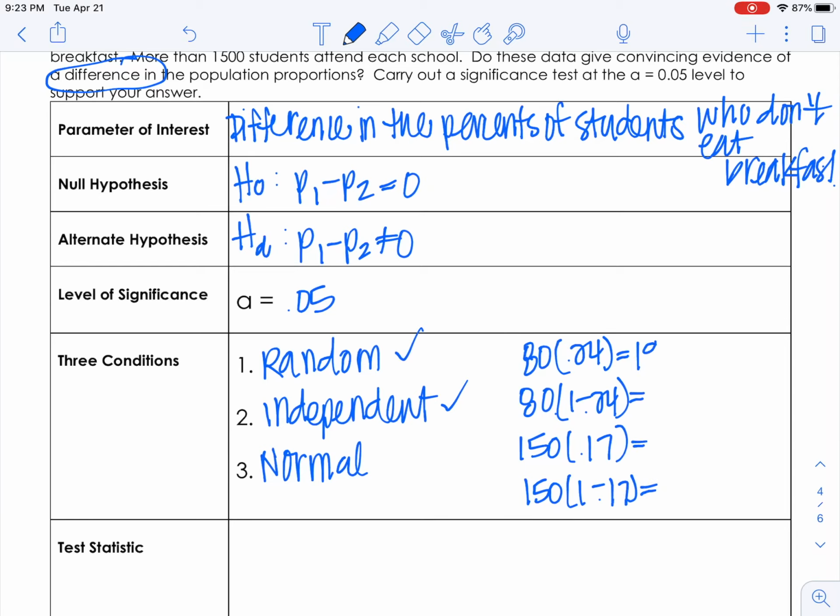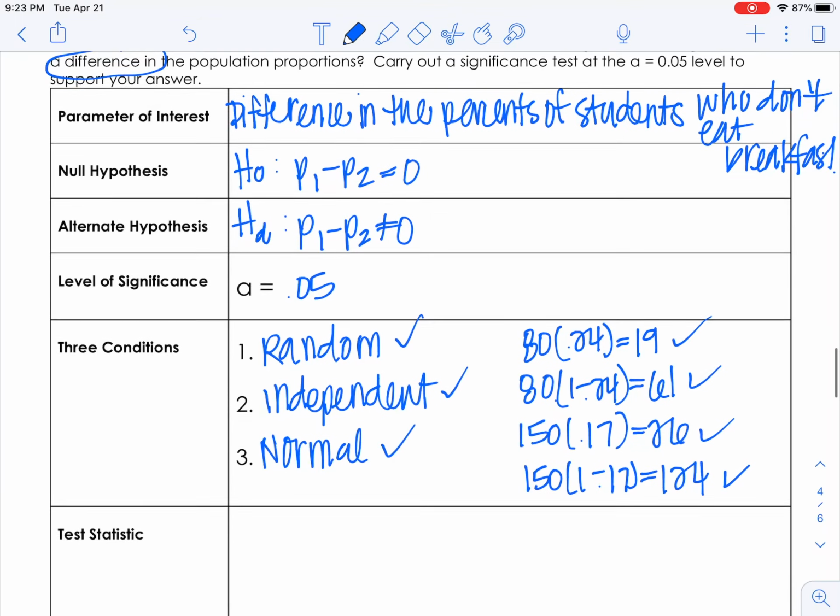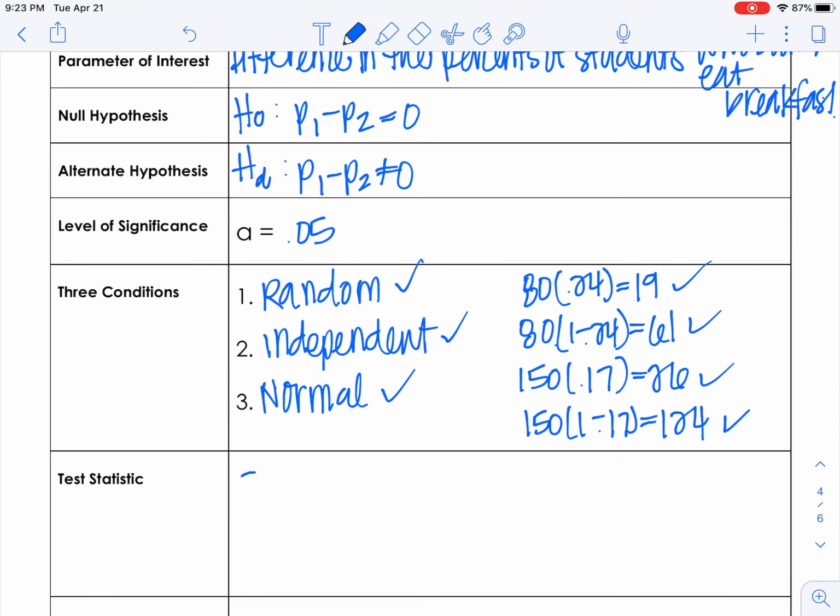So this would be 19 and 61, 26 and 124. Okay, all greater than or equal to 10. So it is normal. Then our test statistic Z, this is what we just did.